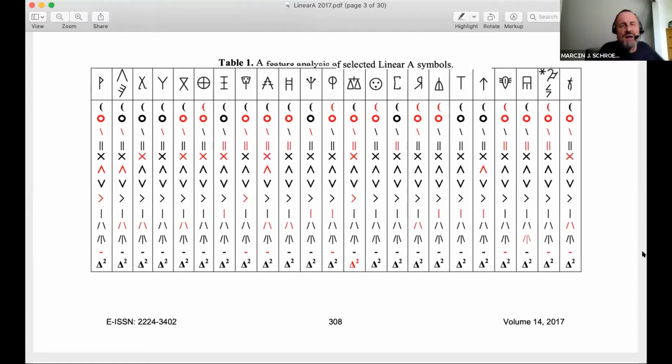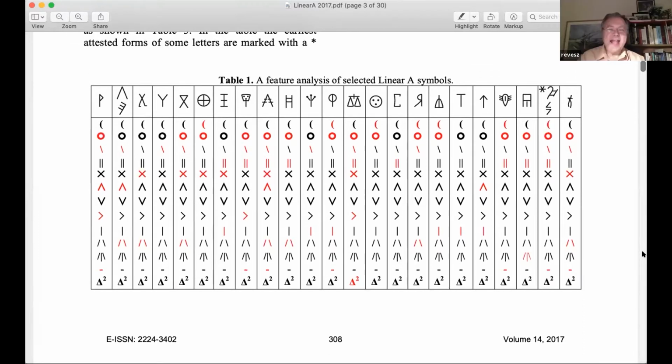Yes. Okay. So I analyzed here a number of symbols in the Linear A script. For each symbol, I have a vector of length 13, which is a feature vector, and it is black if it does not contain the feature, and red if it contains the feature.